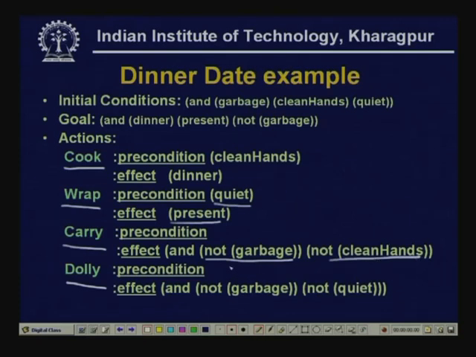So, hands become dirty, but there is no garbage. Dolly is an action which has no precondition, its effect is no garbage and not quiet. With these actions we have to see how we can achieve this goal of dinner and present and no garbage.